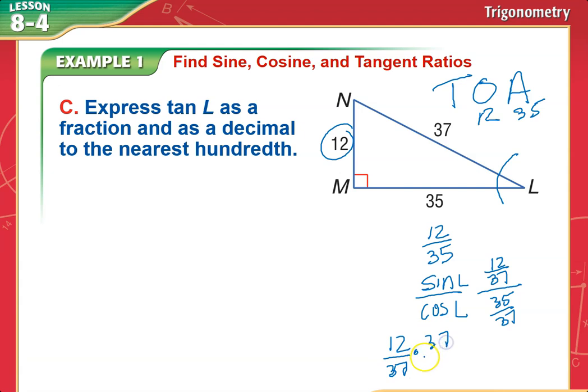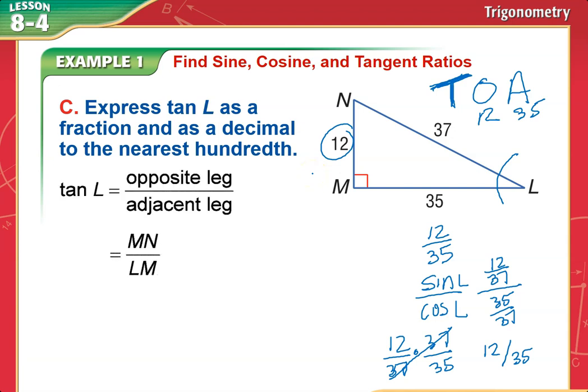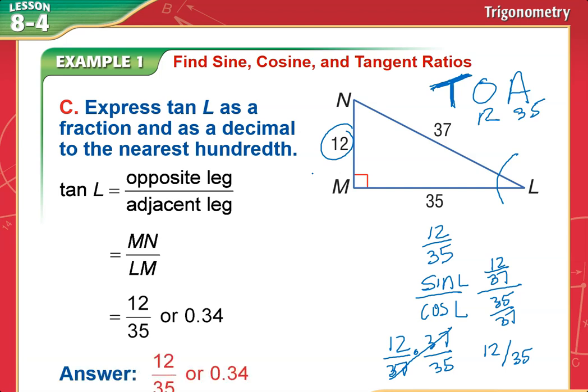The 37s cancel, and you still get 12 over 35. So you can find the tangent based on the ratio of sine and cosine, or just remember TOA from SOHCAHTOA. To find the decimal, divide 12 by 35, and your answer is about 0.34.